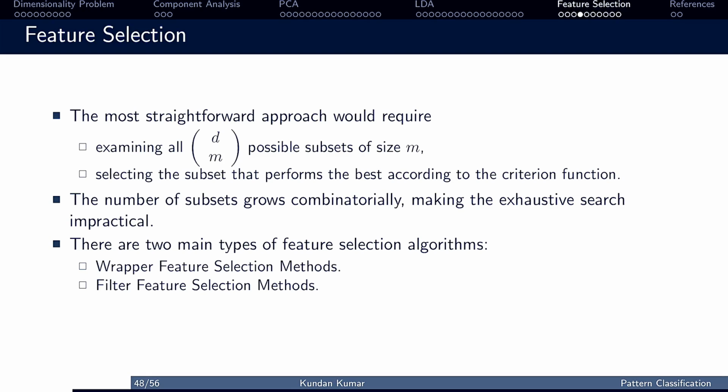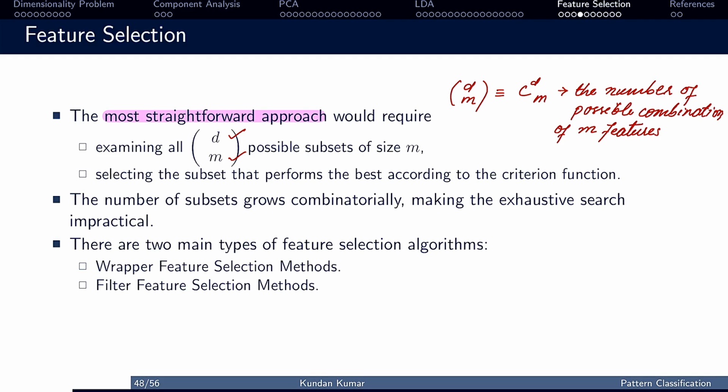There are many feature selection approaches in pattern classification. The most straightforward approach is to select m number of feature components from d number of components, so the number of subsets is d choose m.